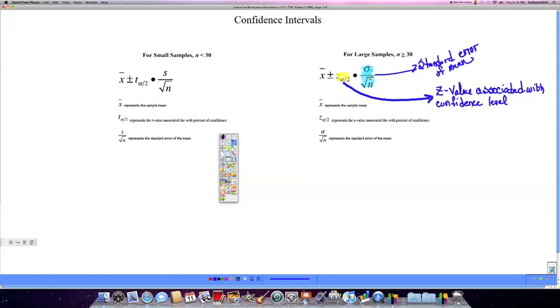And once we find this product between the z-score and the standard error of the mean, then that product is added and subtracted to the sample mean.